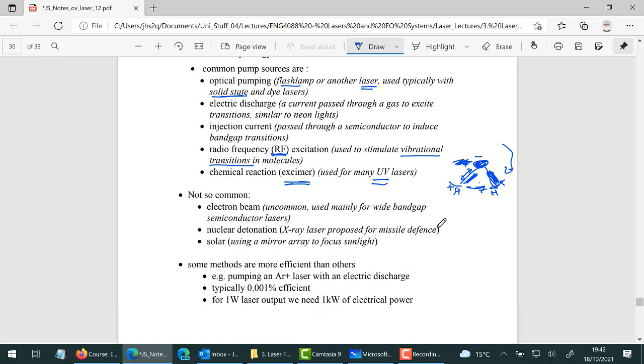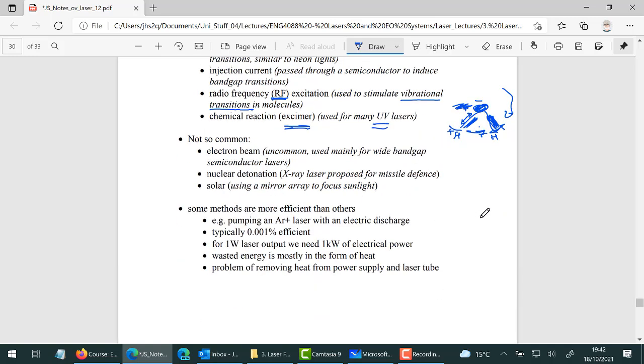Not so common using electron beams, nuclear detonations. There were in the 80s suggestions that we should have X-ray lasers in space so that we could shoot down missiles. The energy source for that was going to be a nuclear detonation. If you want to shoot a missile down with a laser, probably still your best bet is to throw the laser at it.